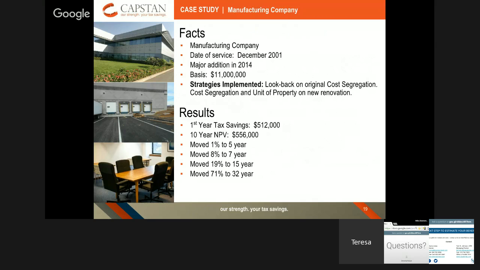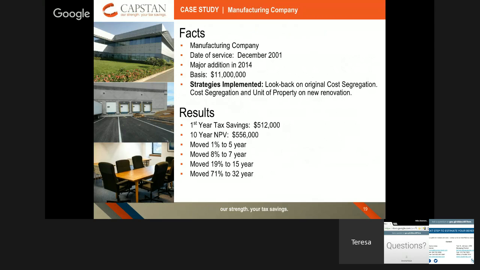What we did on this is we did a look back on the original cost seg, and we did a cost seg on the new piece. And we did these unit of property tables to comply with the tangible property regs as well. The first year tax savings were $512,000. The 10-year net present value was a little bit more than that, at $556,000.